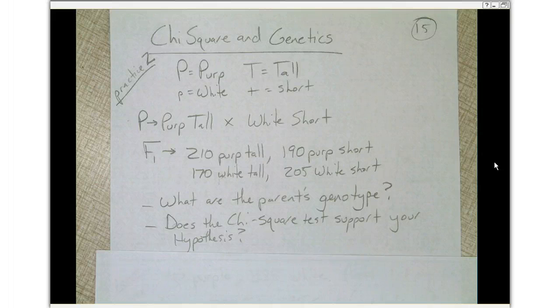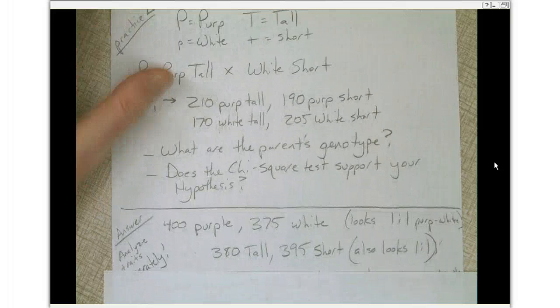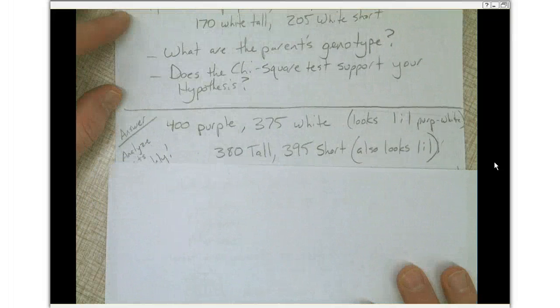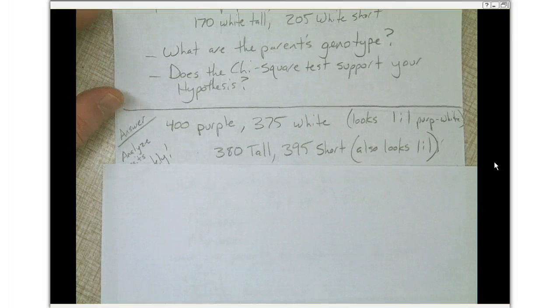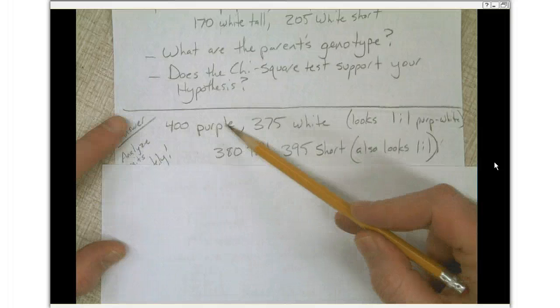Alright, I'm going to go through the answer step by step, and at any time the answer is unclear, make sure you ask those questions in class. The first step is to look for the children's characteristics that can help us understand what the parents gave them. So if we take a look here, we have for the first trait, and remember we analyzed the traits separately, we have 400 purple and 375 white.